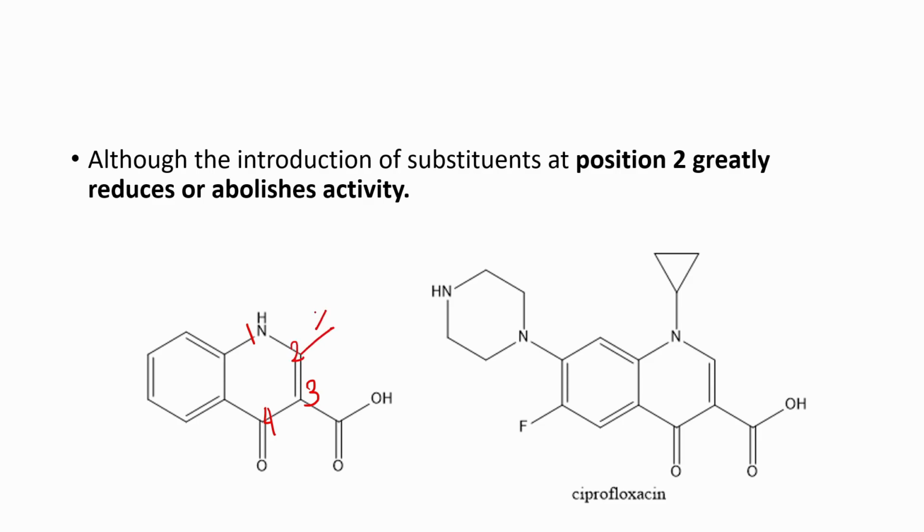You're not gonna put anything on 2 because it will decrease activity. So you should leave number 2 alone. If you look at the practical example of ciprofloxacin, 1, 2, there is nothing on 2. That is why if you put anything on 2, it will decrease its antibacterial activity.